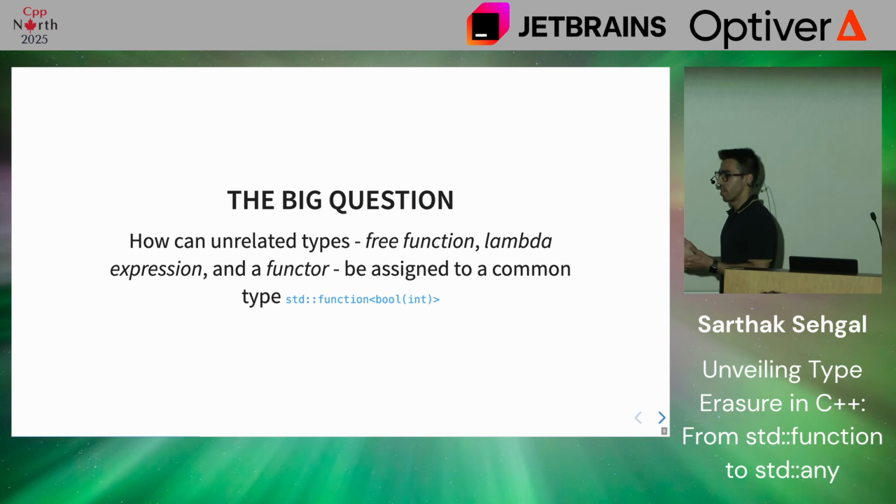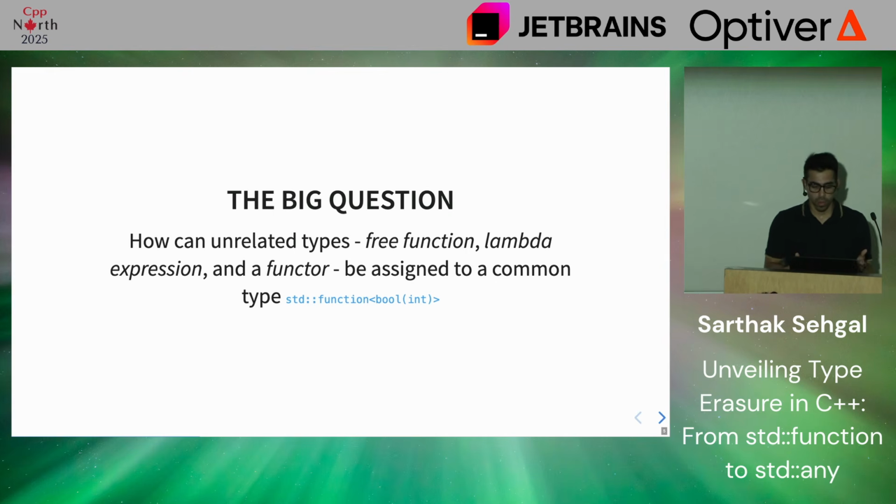As long as they implement a common interface, they should be assignable to a common concrete type. And this is exactly what we'll see with a std function implementation. So different concrete types having a common interface are assignable to a common concrete type.